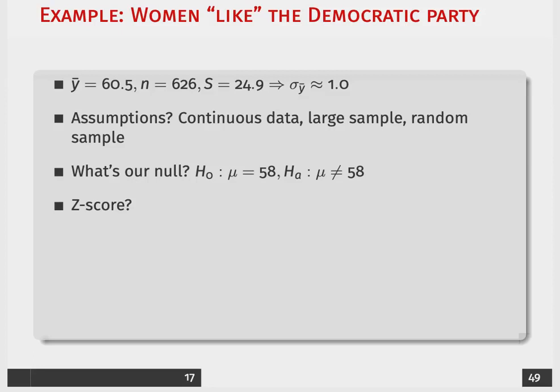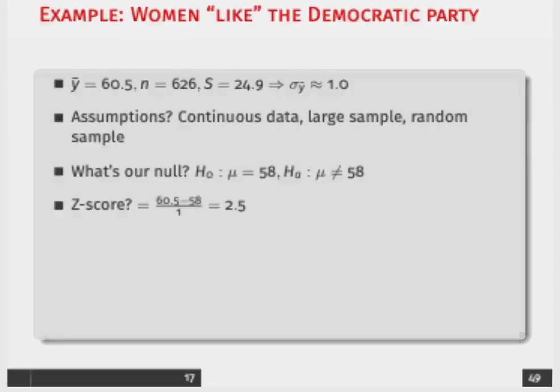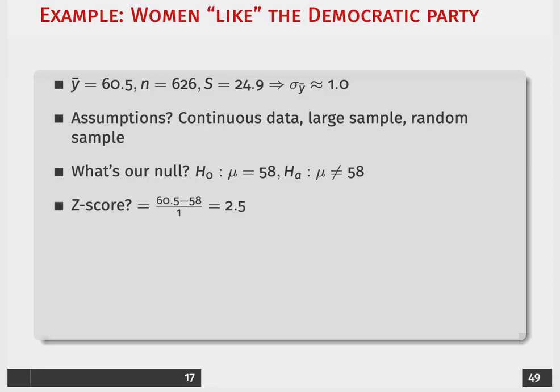So we need to construct our z-score. In order to do this, we just plug in the numbers from above. We know that the overall mean from the sample was 60.5 on the favorability scale. We want to find out whether that's different from the true underlying population mean, which we believe to be 58 under the null hypothesis.